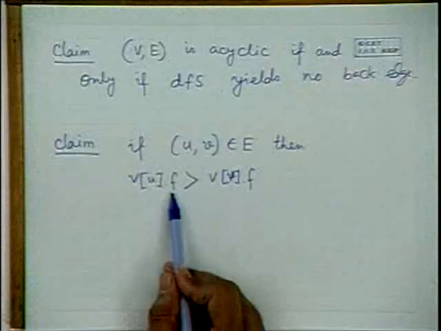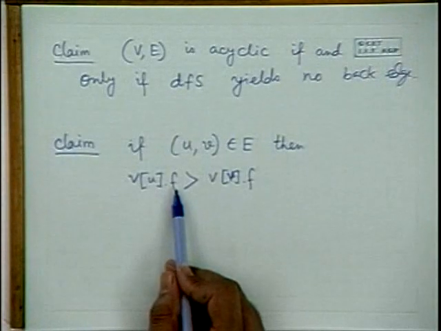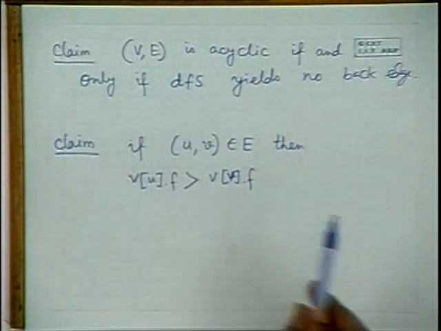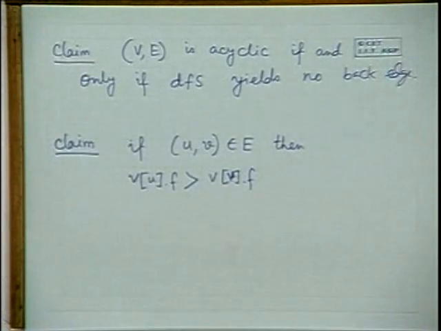So the ones which are output last have the highest F field, and according to this, there cannot be any edge in the reverse direction of this sequence. So we are outputting in the reverse direction of the topological sort.